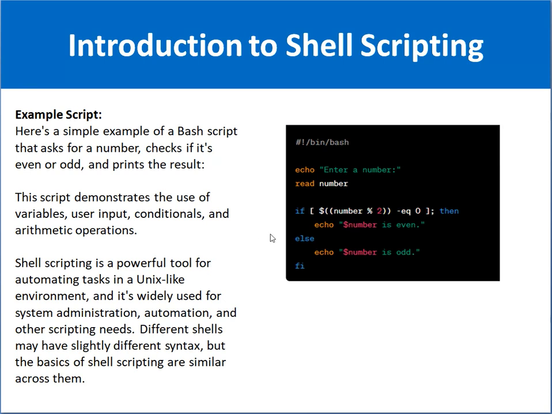If the number I have entered is divisible by 2, then it will echo the number is even. For example, I entered 4, so 4 divided by 2, the remainder is 0, so the number is even. If I enter 5, 5 divided by 2, the remainder is 1, so that means the number is odd.